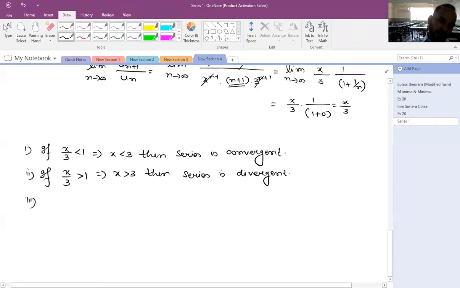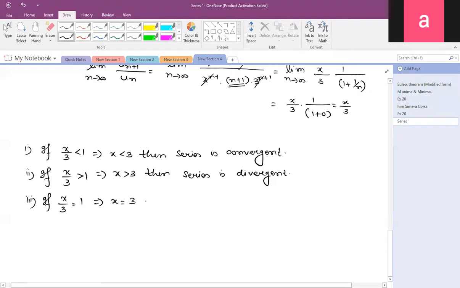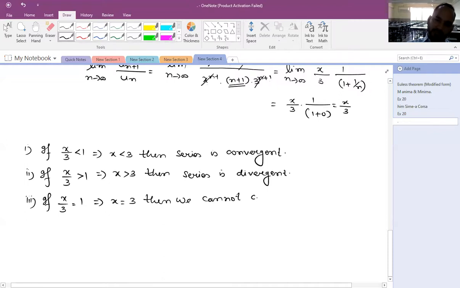Third, if x by 3 is equal to 1, that means x is equal to 3, then we cannot conclude anything about the convergence or divergence.